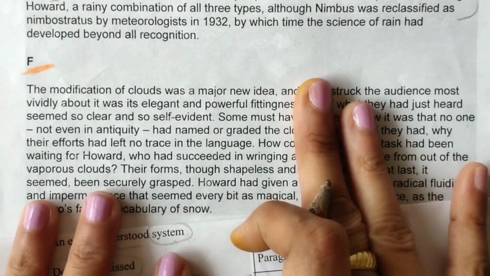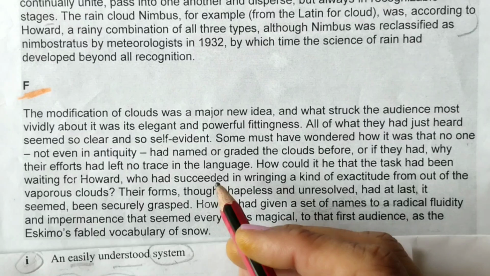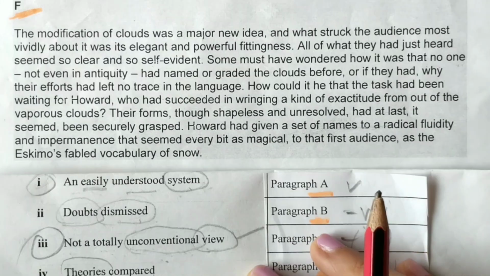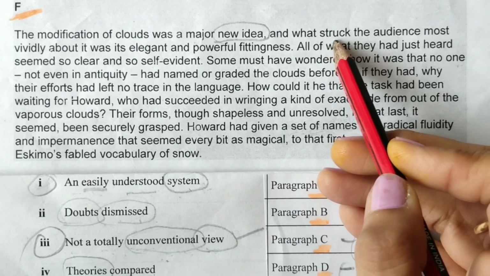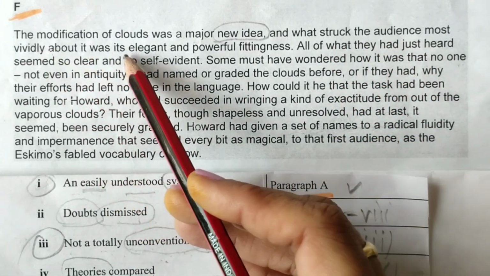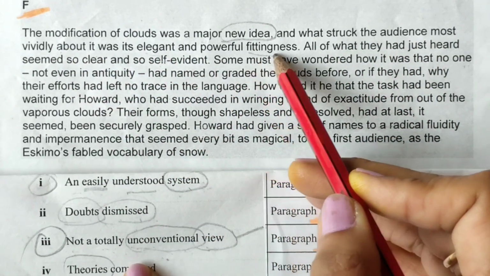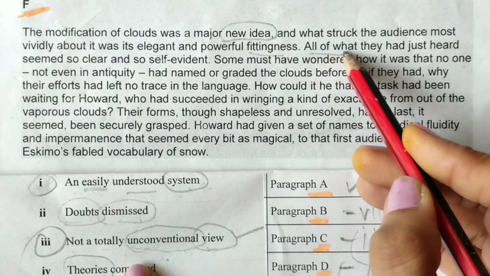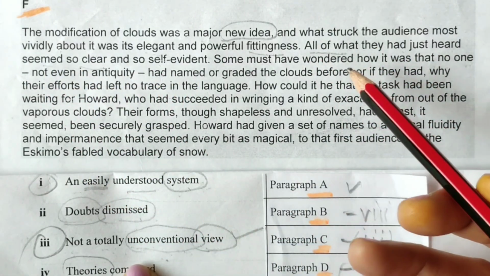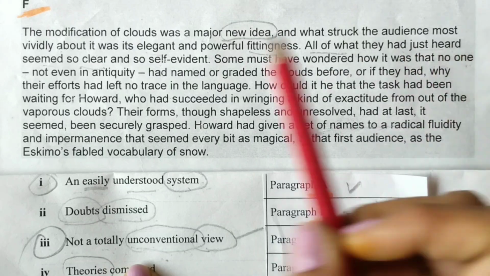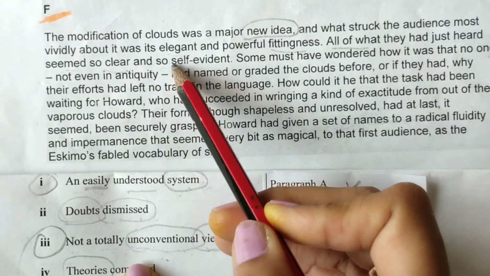Now F, the last paragraph. You can see the modification of clouds was a major new idea, and what struck the audience most vividly about it was its elegant and powerful fittingness. Okay, all of what they had just heard seemed so clear. Whatever they had heard in the room had just seemed so clear and so self-evident.